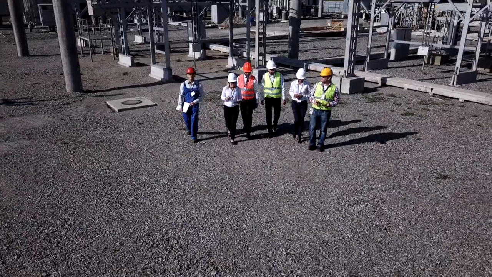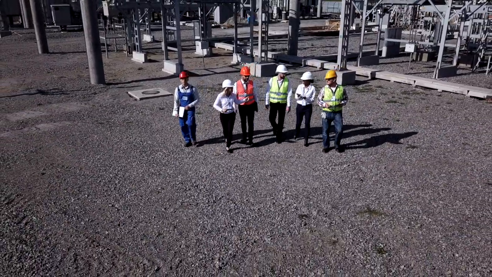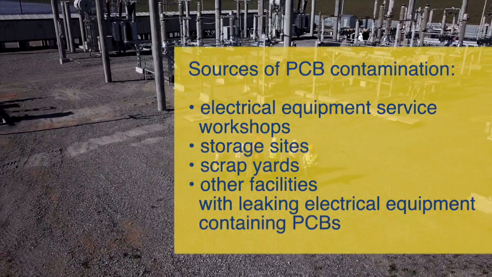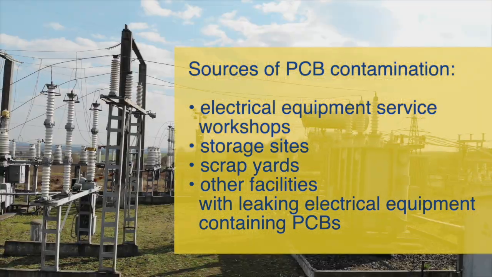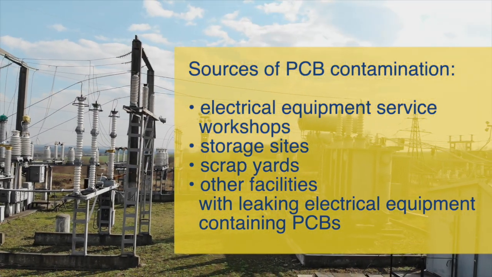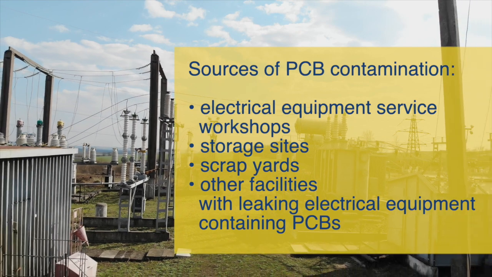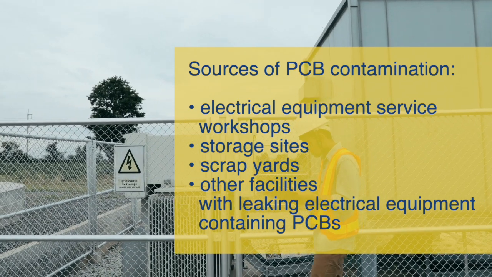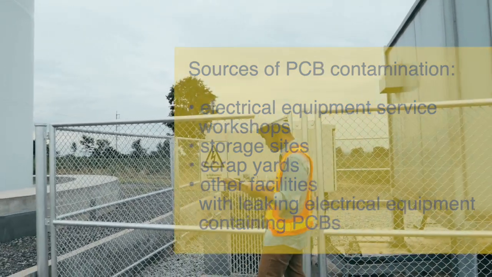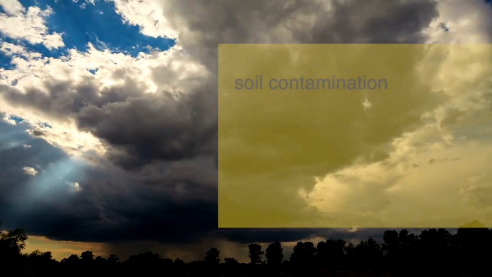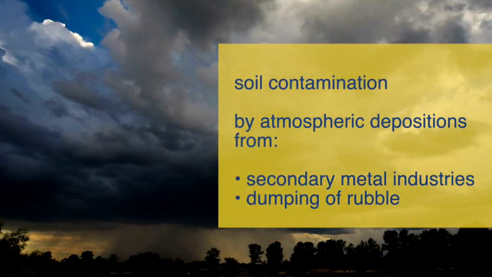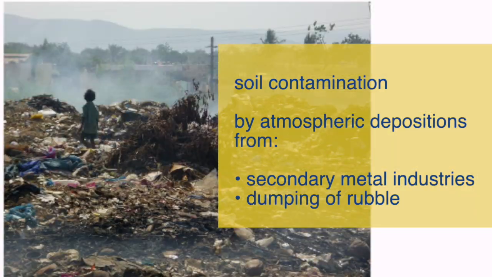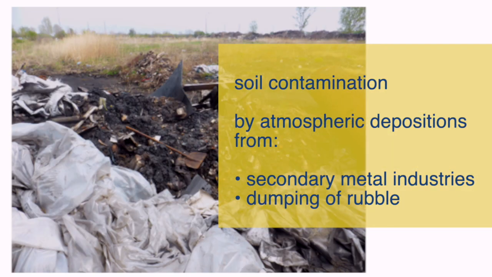PCB contaminated sites are along the life cycle of PCBs from production to disposal, such as workshops where electrical equipment is serviced, sites where obsolete electrical equipment is stored, scrapyards and other facilities where PCB equipment are or were managed in end of life, and sites with leaking electrical equipment containing PCBs. PCB can also contaminate our soils by atmospheric depositions from secondary metal industries or by the dumping of rubble with PCB containing painted materials and sealants.